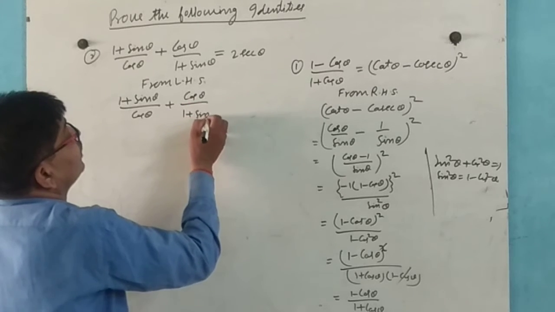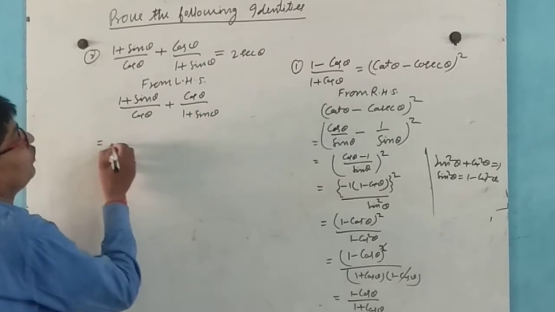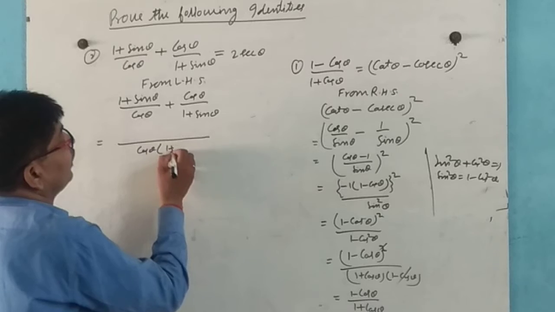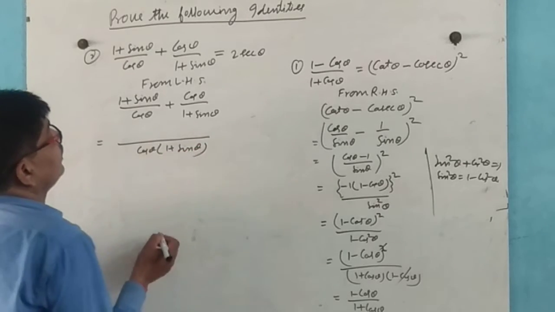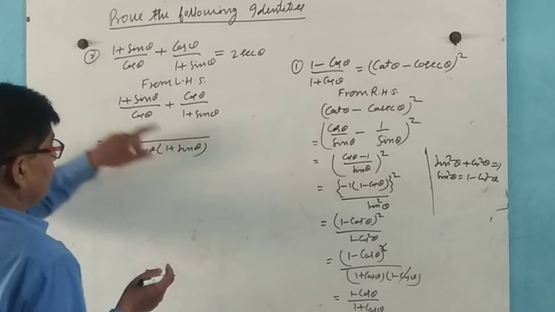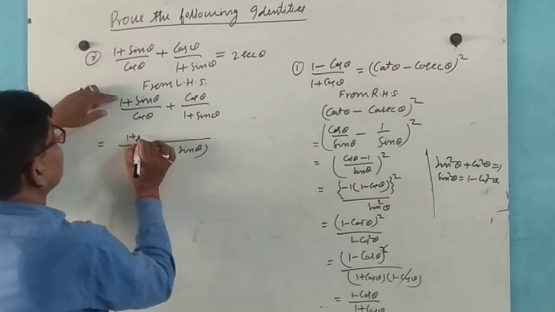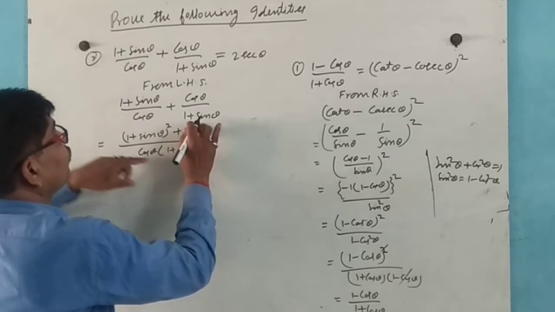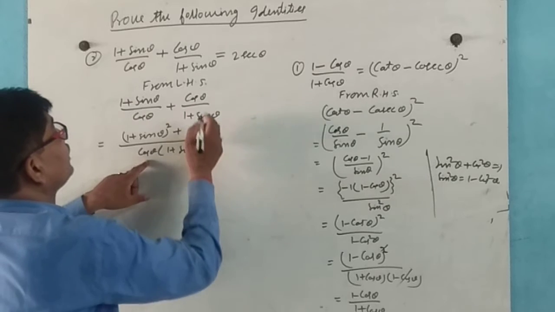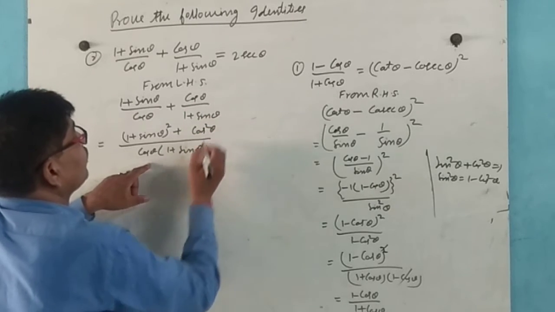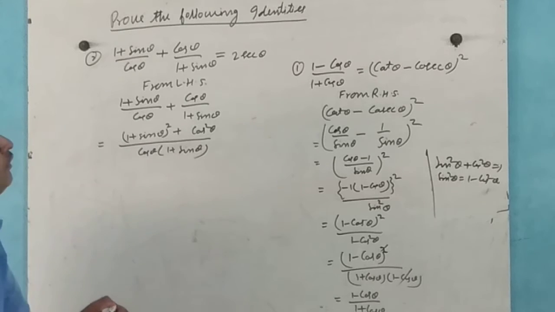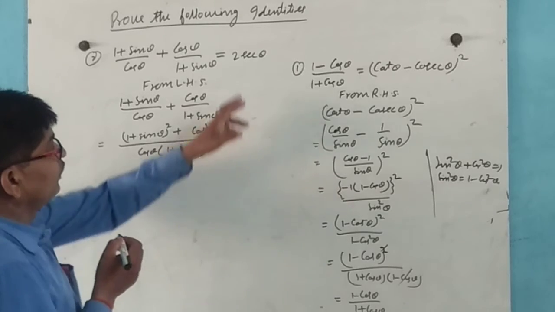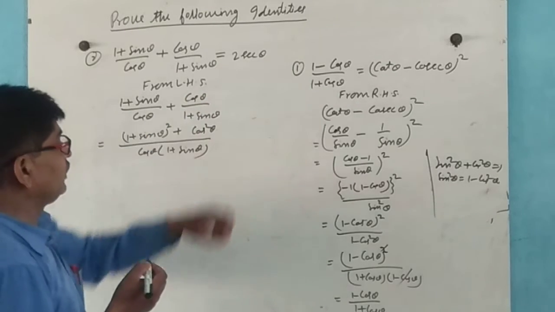(1 plus sin theta). Now we take the LCM, cos theta (1 plus sin theta), giving (1 plus sin theta) power 2 plus cos square theta. We have to come to sec theta.